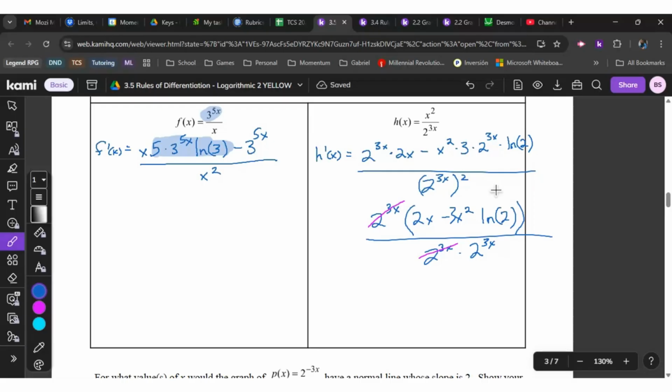And so our final answer is just going to be 2x minus 3x squared ln 2, over 2 to the 3x. Does that make sense? Yeah? Awesome. And I guess technically I should write h prime of x. There we go. Any questions?